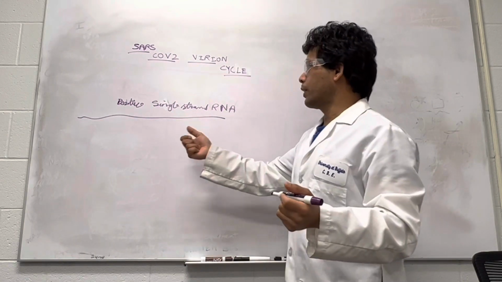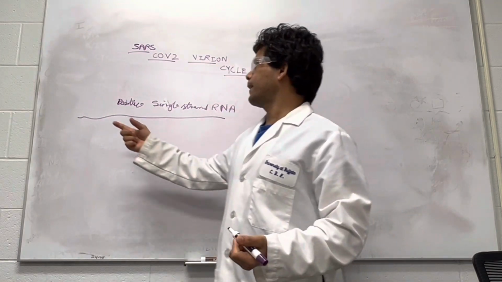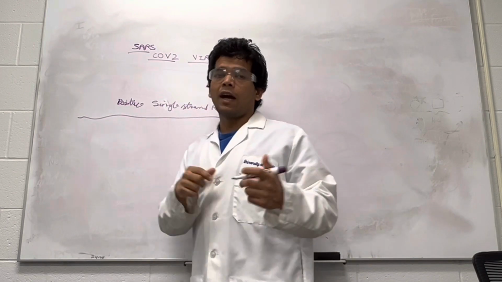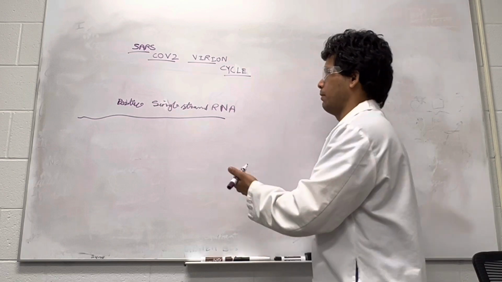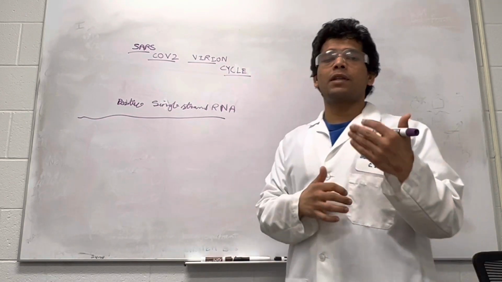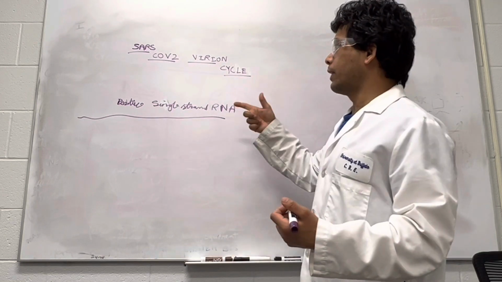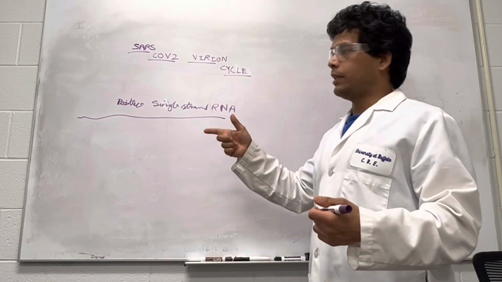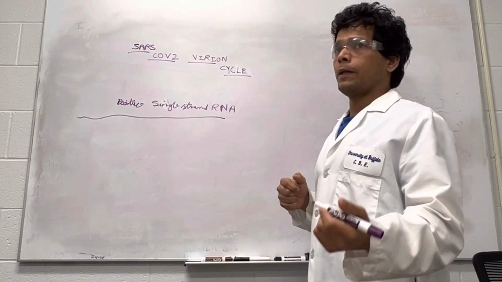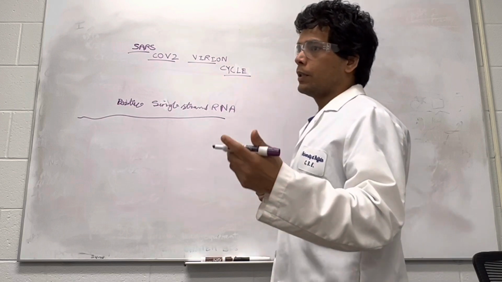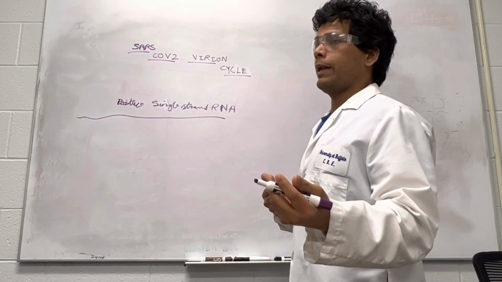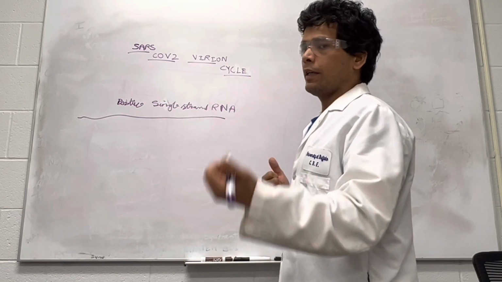In the positive single strand RNA, the nucleotides are ready to be translated with the help of cell machinery, whereas in the case of negative single strand RNA, the virus must have some enzyme that helps in converting the negative single strand RNA into positive single strand RNA, so that the cell machinery can translate it into the virus structure, or the way the virus should replicate and express itself.